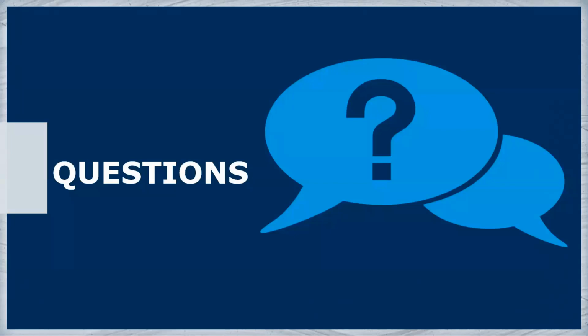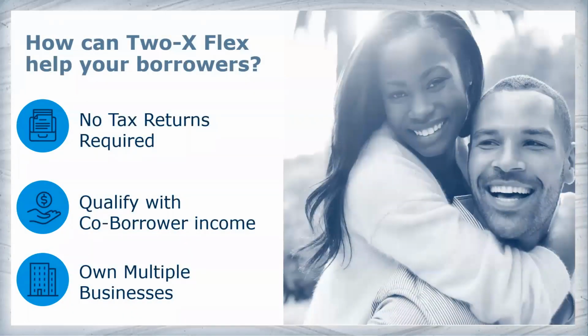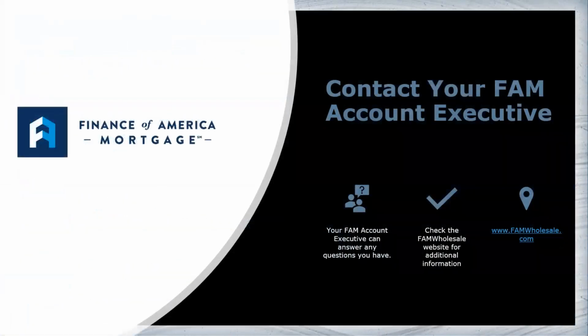And this is a reminder as we're going through this information that this is the 2X Flex program. You can find information on page 7 of the rate sheet, and you can also find guidelines under the Platinum site. Look at products and guidelines. And if you have additional questions, contact your Finance of America account executive.